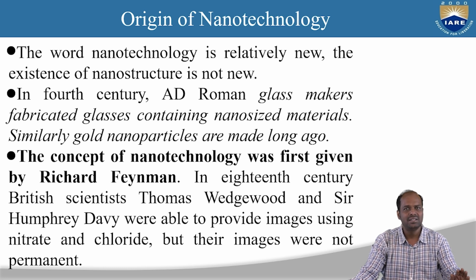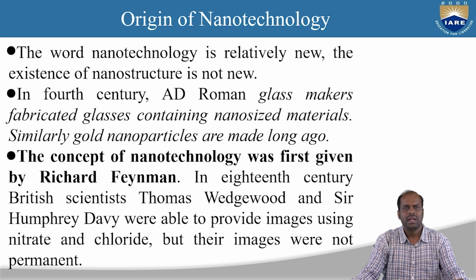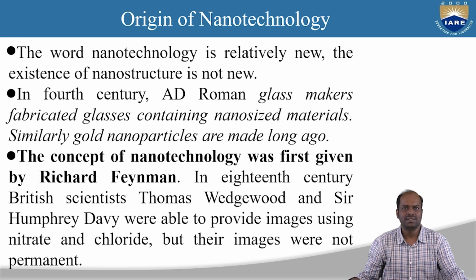They would be erased: once you take the image, you can see it afterwards, but later on it erases. So that kind of technology was first invented by Thomas Wedgwood and Sir Humphrey Davy, who used nitrates and chlorates for the images.